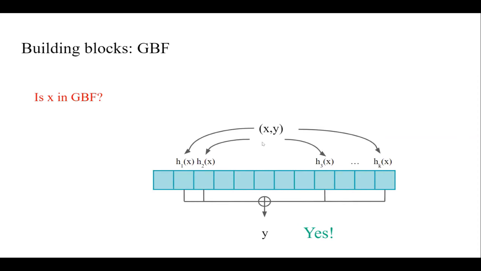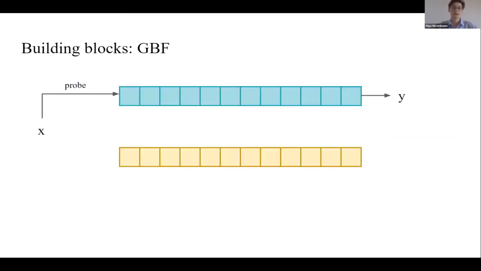Having the GBF, the item x and the value y, it's possible to check if x is in the GBF or not, by XORing the cells at its indexes and comparing with y. In the case that x is not in the GBF, the probe returns some random value, which is with high probability not y. GBFs are additive.